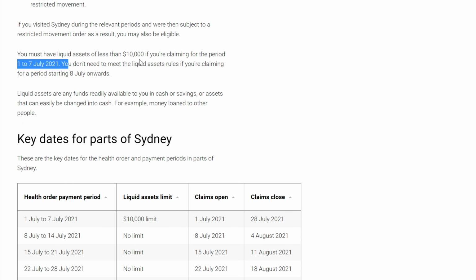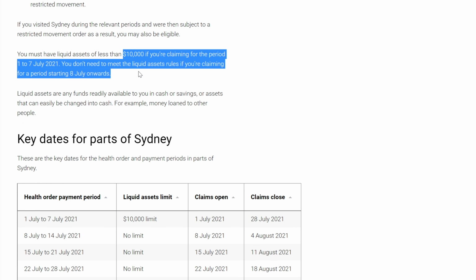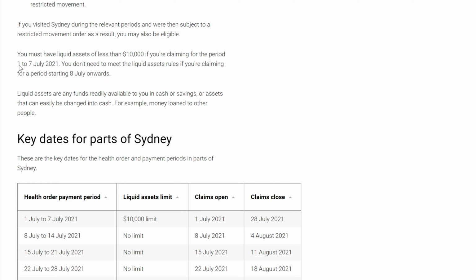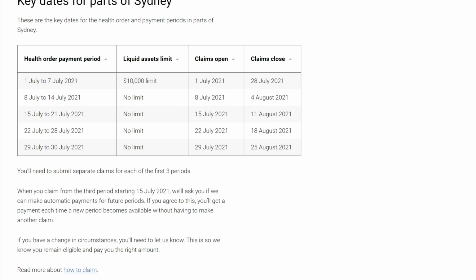After you pass this liquid asset test, you will be eligible to get payment for the period of 1 to 7 July. Liquid assets are any funds readily available to you in cash or savings, or assets that can easily be changed into cash. So it could be money loaned to other people or other kinds of investments that can be easily converted to cash.